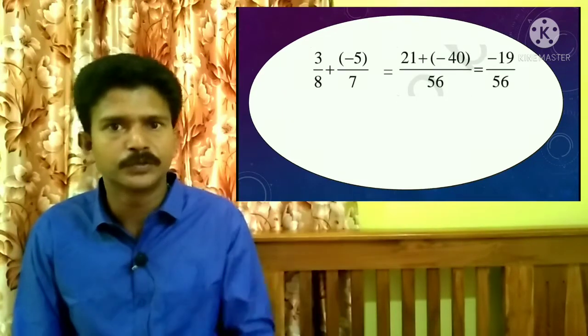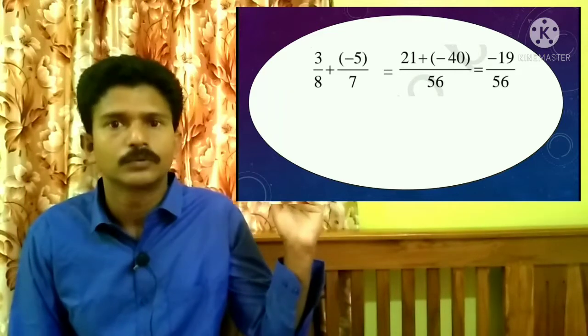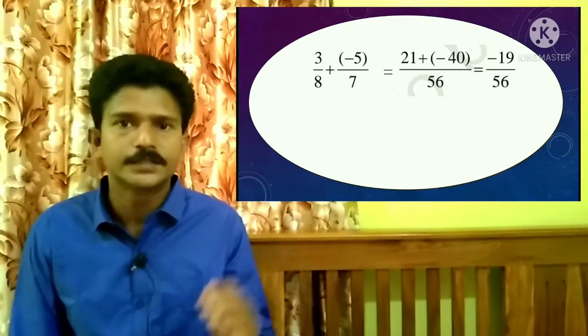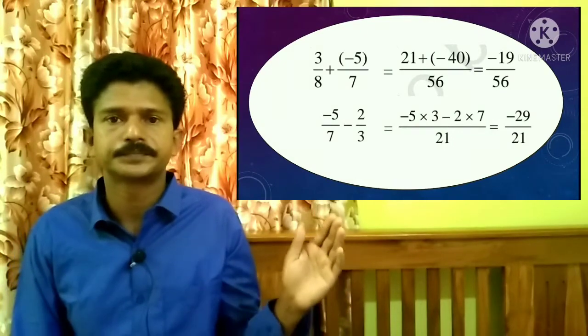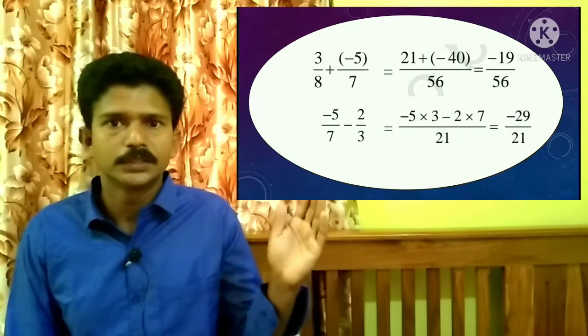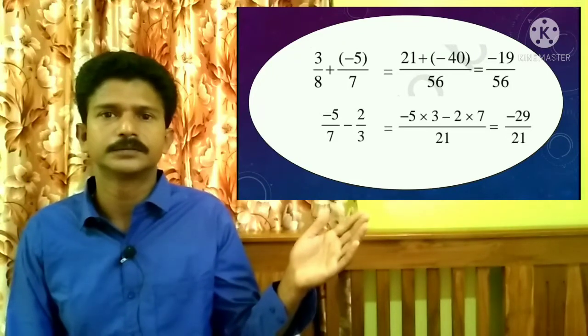It is not going out of the white circle. Here the white circle represents the rational numbers. In the same way, when you subtract two rational numbers, the answer is also a rational number, so it is not going out of the circle.